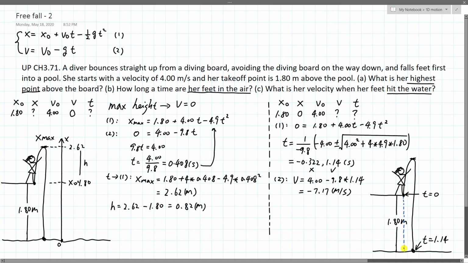She actually somehow jumped up, and that was before the actual her jumped off the diving board. So the doppelganger started here, jumped at a certain upward velocity, and at time equal to 0 they exactly start at the same point. They both come up and go down. So this is when the doppelganger actually jumped. This is t equals minus 0.322 seconds.